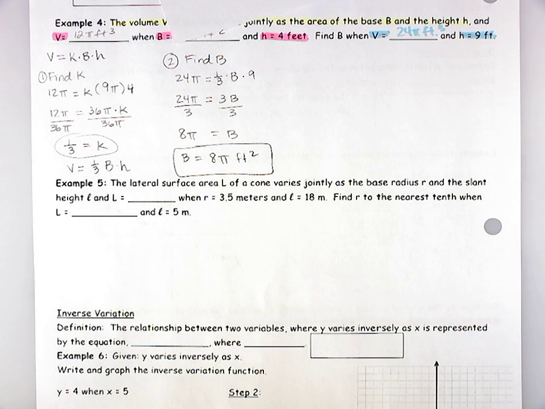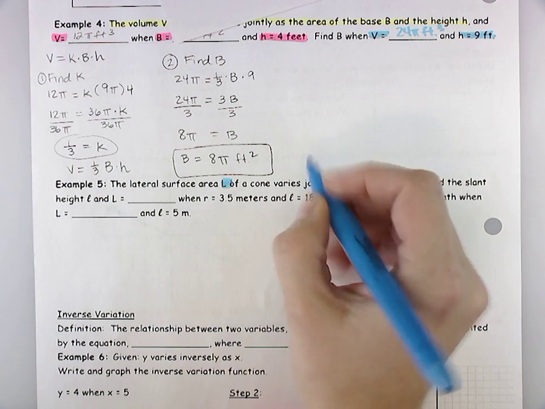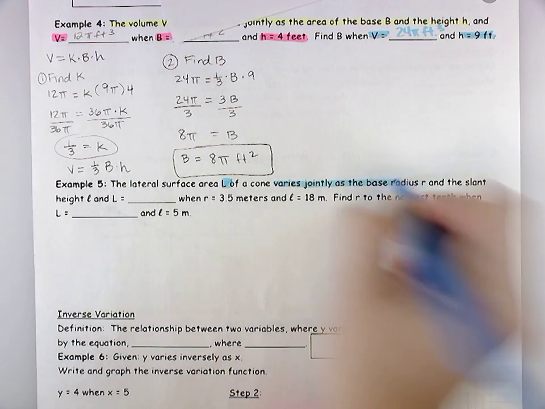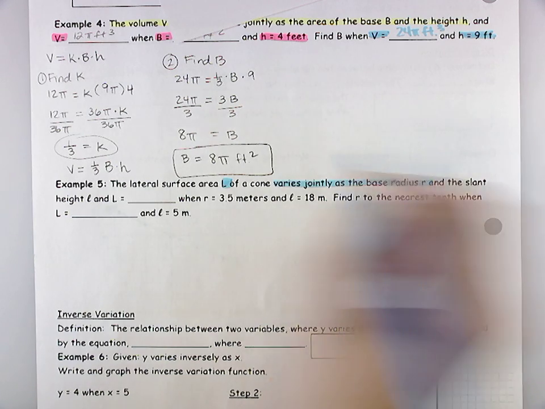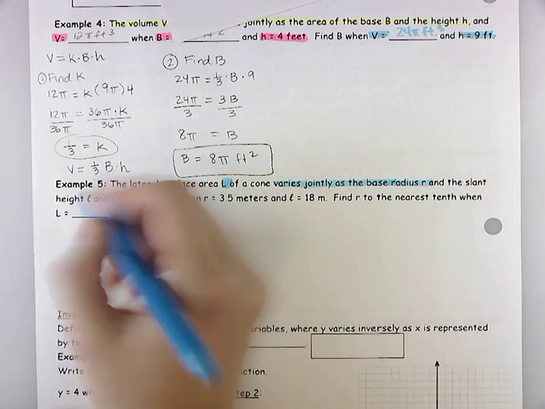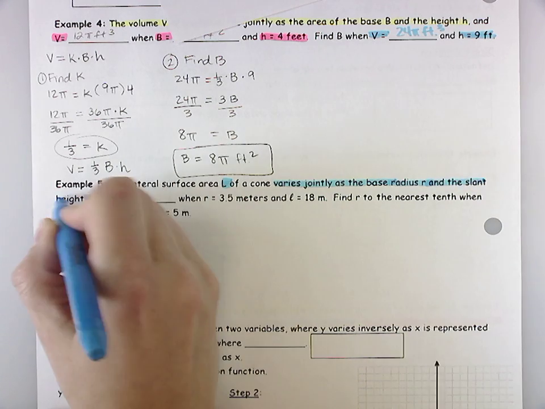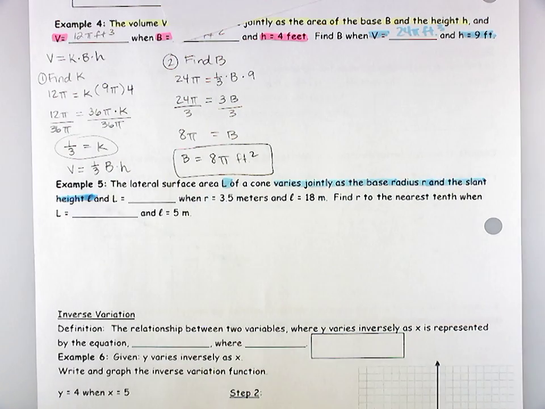So it says L varies jointly as the base radius R and the slant height, which is this fancy L. Okay, so when you guys read that first sentence, are you able to come up with an equation, you think? A little bit. Okay, let's try that first. Before we even go on, let's try that part first.